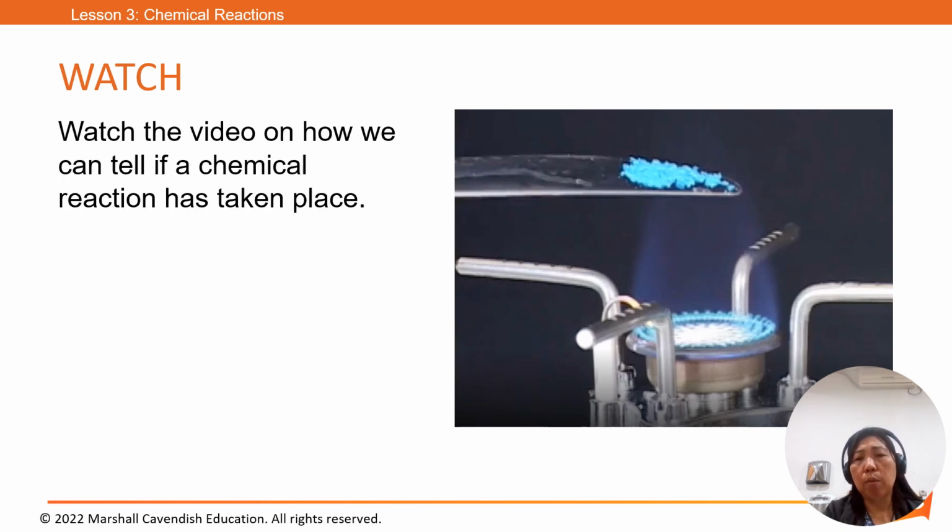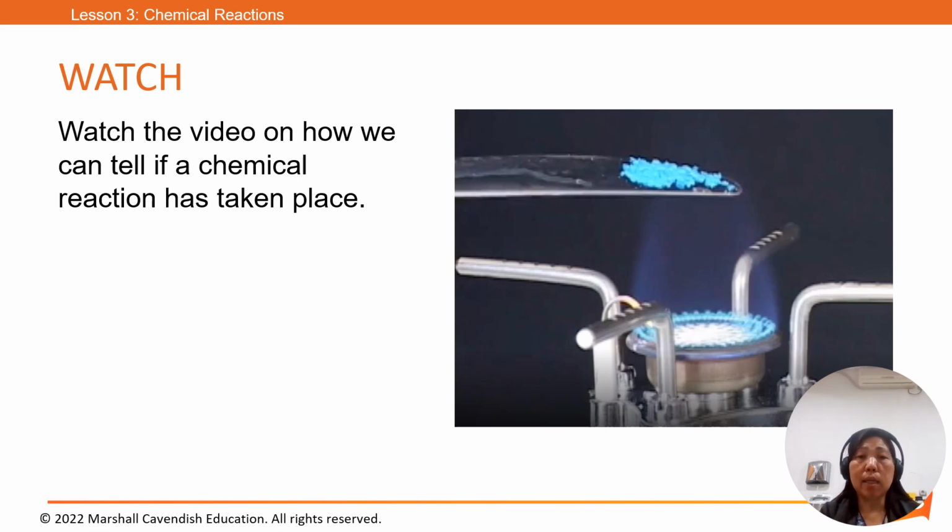But in this picture, we can see that when you burn or heat the sugar, this one is sugar or maybe salt, and if you heat it on the fire, you will see that there is a chemical reaction taking place. Because why? The substance will change into a new one. If you heat sugar, it will become caramel.